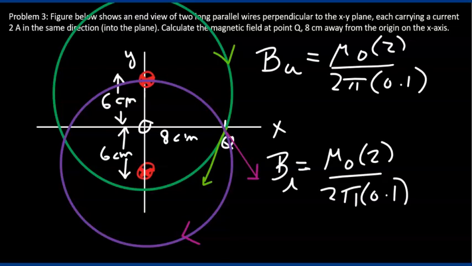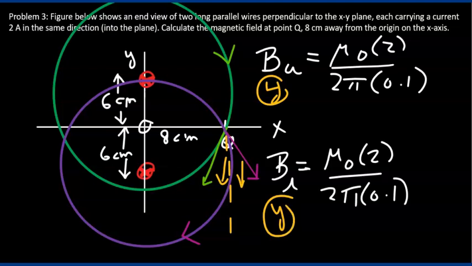And the reason is because of the symmetry of the system. They are symmetrical about this line. So only the y components of these two magnetic fields would survive, and they will reinforce each other. And we need to find what is the y component of BU and y component of BL. And to do that, we need to know this angle.